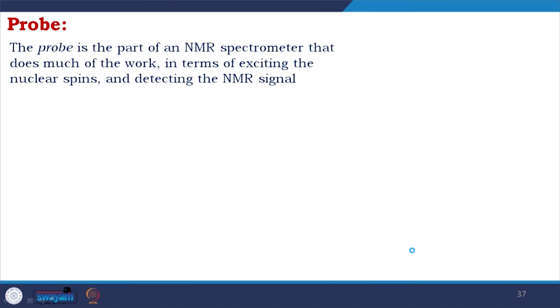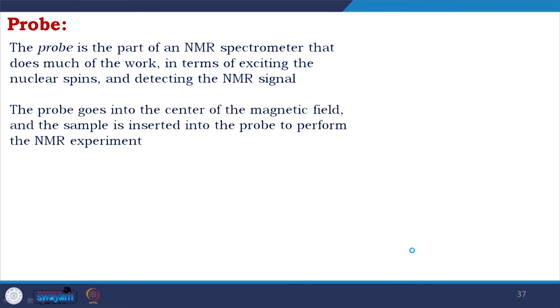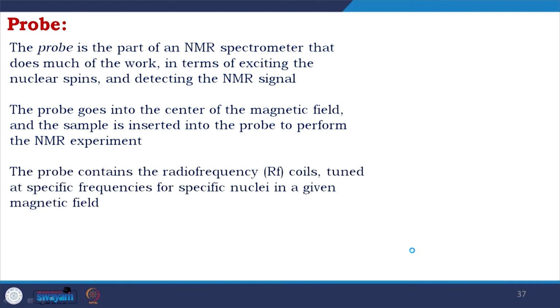Probe. The probe is the part of an NMR spectrometer that does much of the work in terms of exciting the nucleus spins and detecting the NMR signals. The probe goes into the center of the magnetic field and the sample is inserted into the probe to perform the NMR experiment.